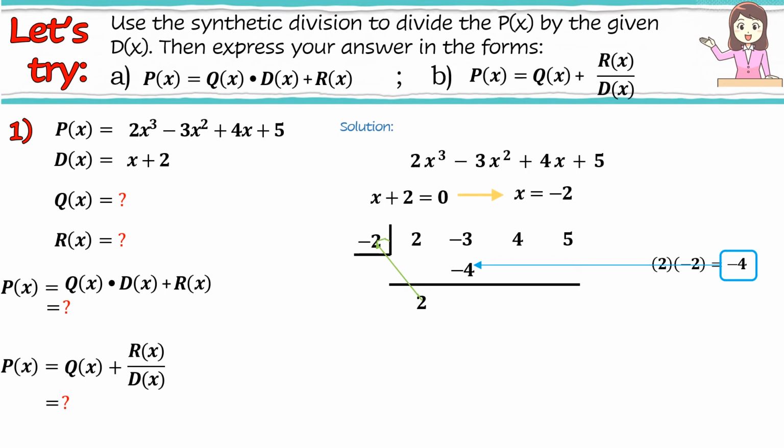Yung negative 4 na yan, susulat natin align sa pangalawang number. And then we are going to add the two numbers. So negative 3 plus negative 4. That will give us negative 7.